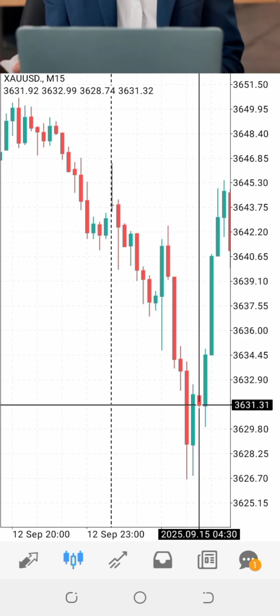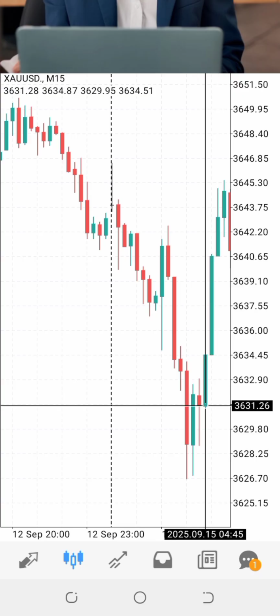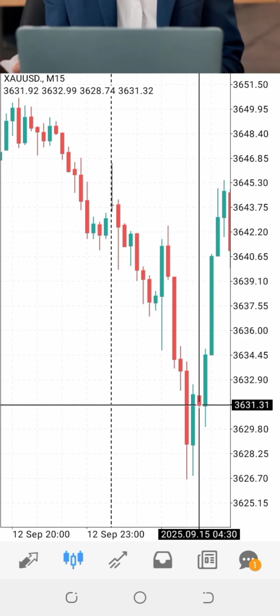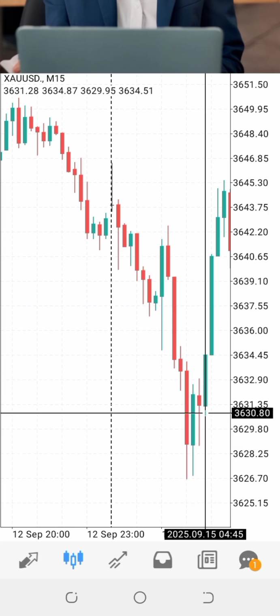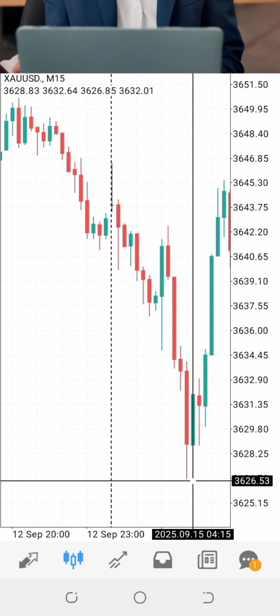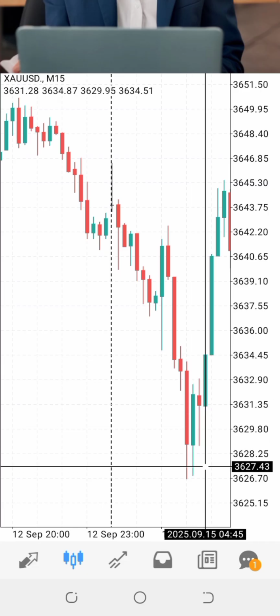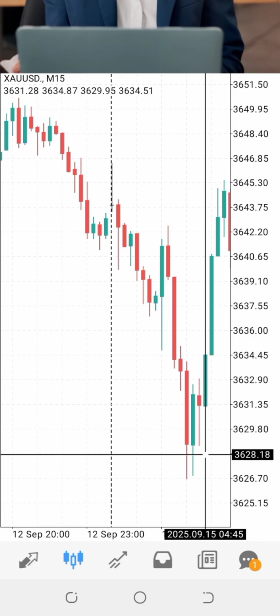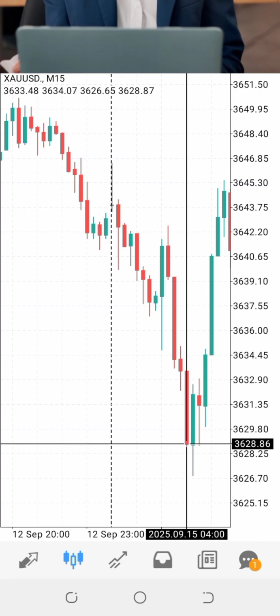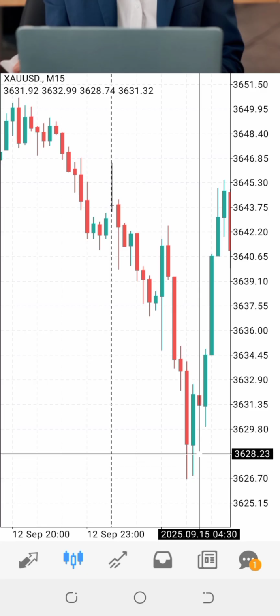And now price goes back up to 3631. Remember, 3631 is above our sell fib 0 10 times 5 arrow. See how price came down first, tested our sell fib 0, then bounced up. This was the price rejecting. It came back. This was the test, reject, pull back, come back again, test and reject, and then bounced up.